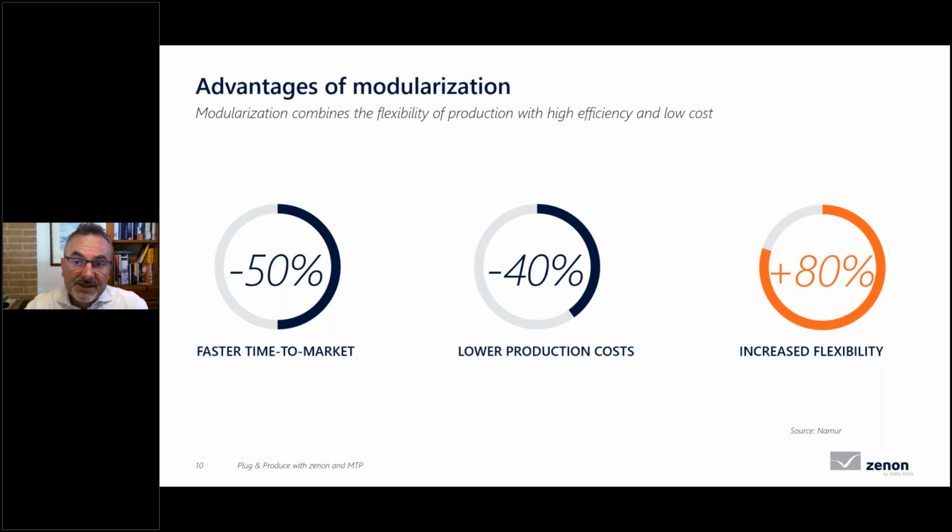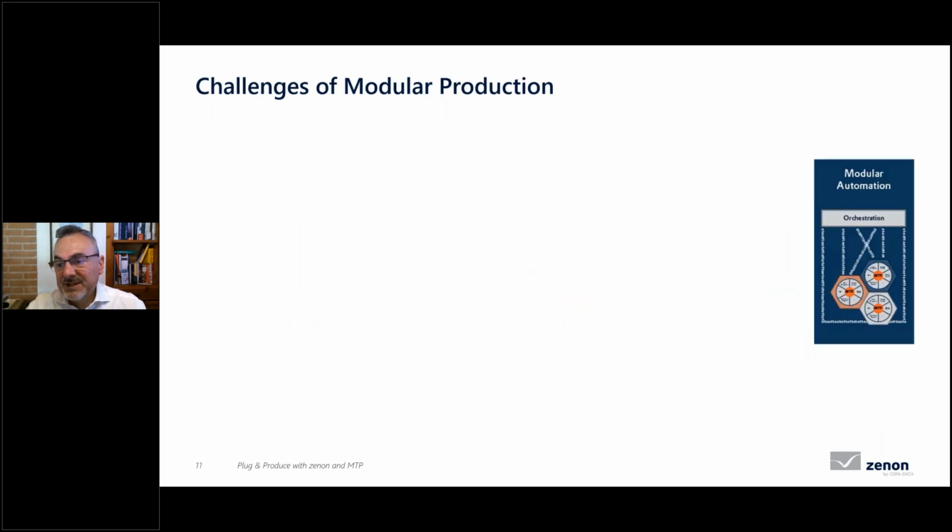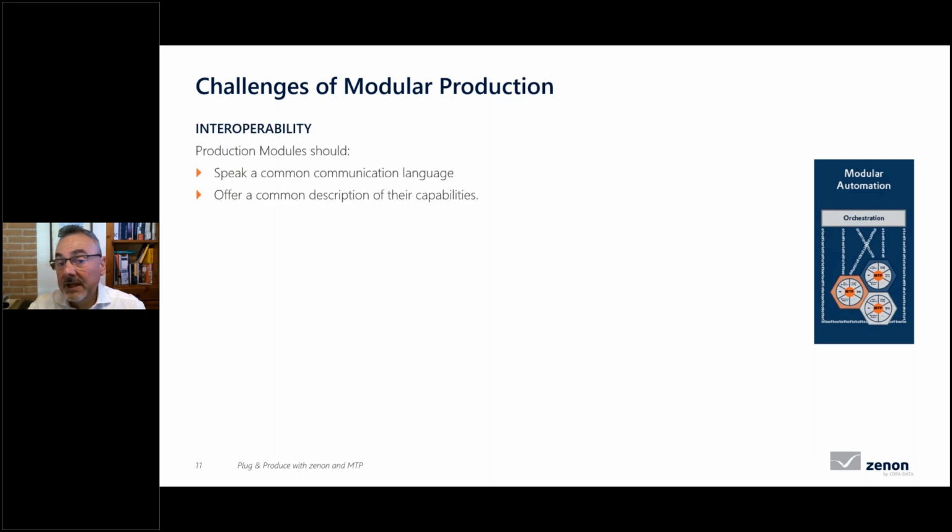Of course, these are the advantages, but this approach also has some challenges. First of all, is the interoperability. So independently from the vendor of the automation, every module must speak a common communication language, and every module should offer a common description of the capabilities it has.